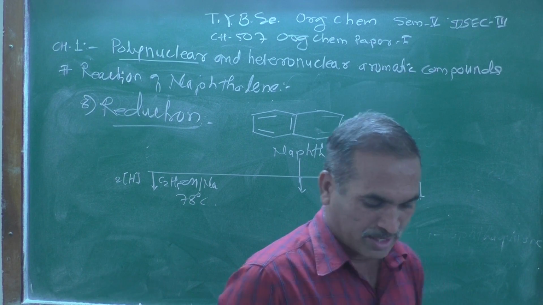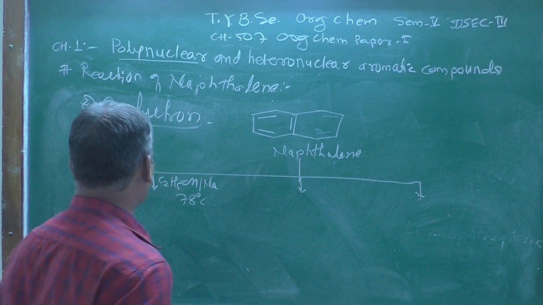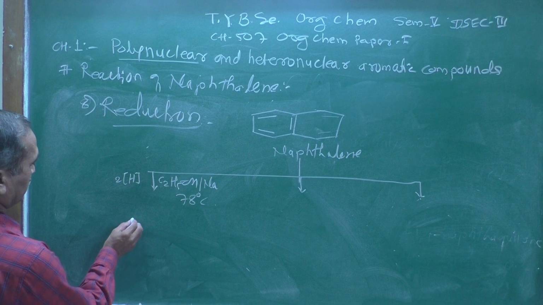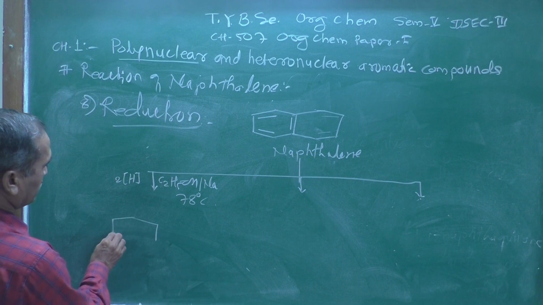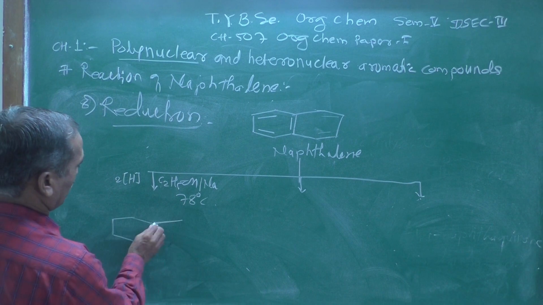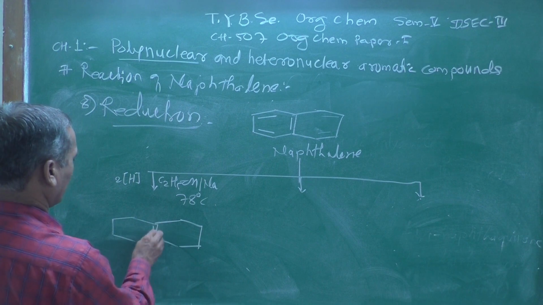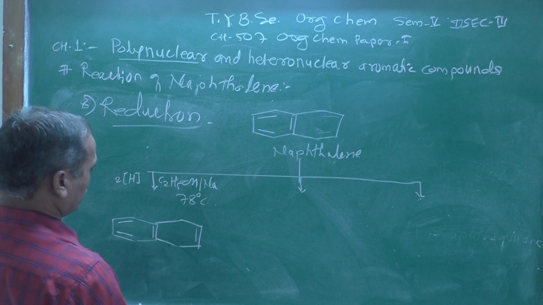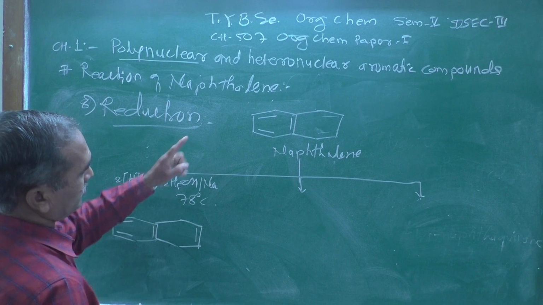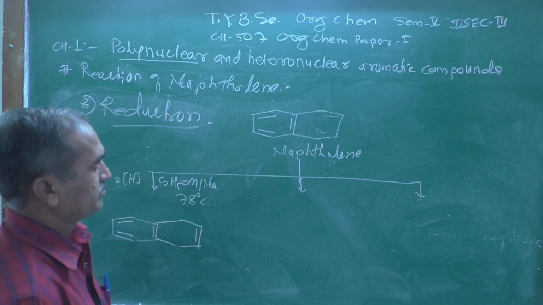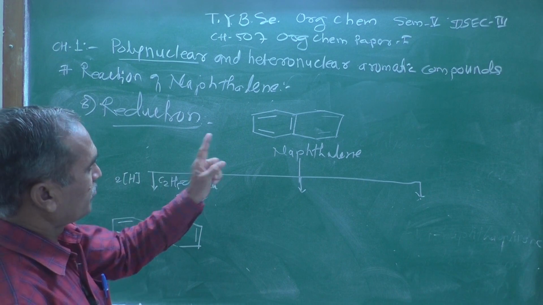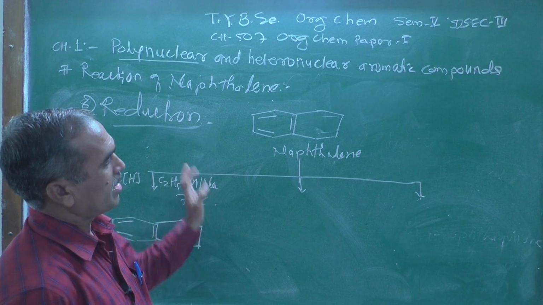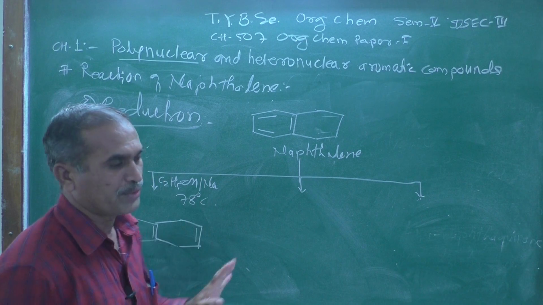There is a partial reduction that occurs, and the compound which we are going to get is like this. Total number of double bonds present in naphthalene are 5.